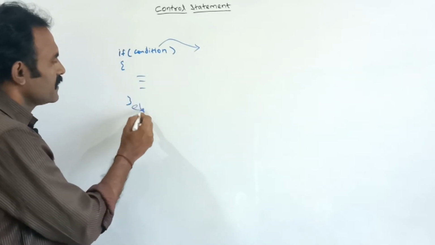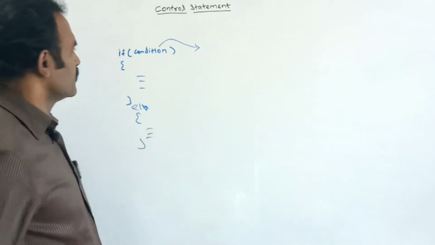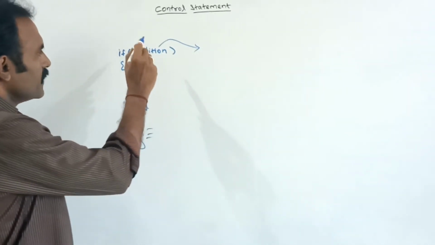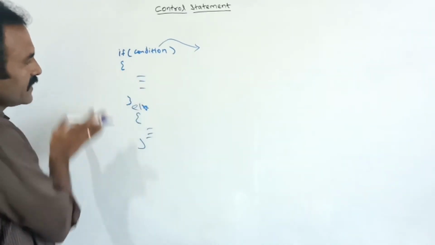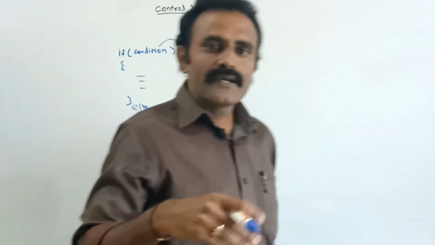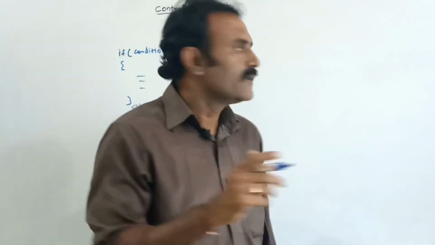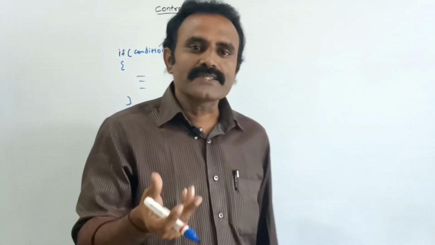If this part, otherwise the else part, here also we can give some statement. So based on the condition we can make a decision. Here this condition can be expressed as either a logical expression or a relational expression.